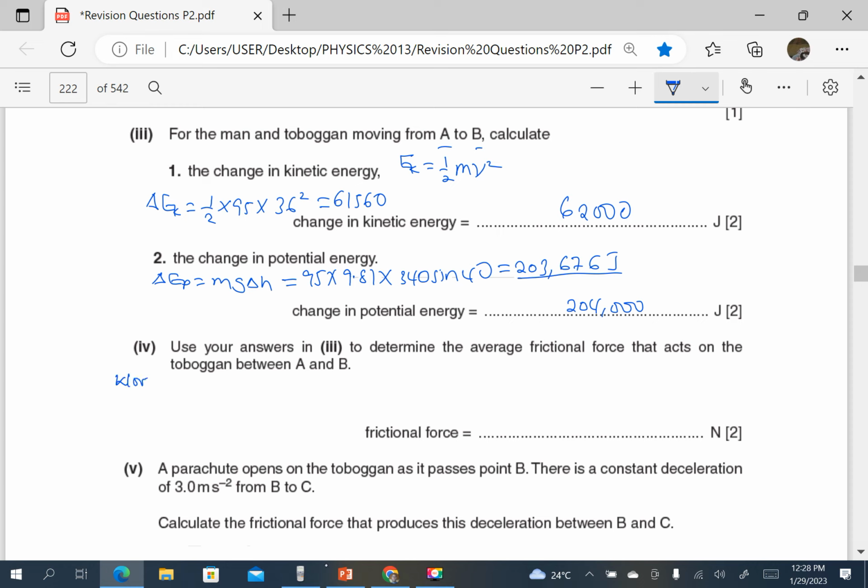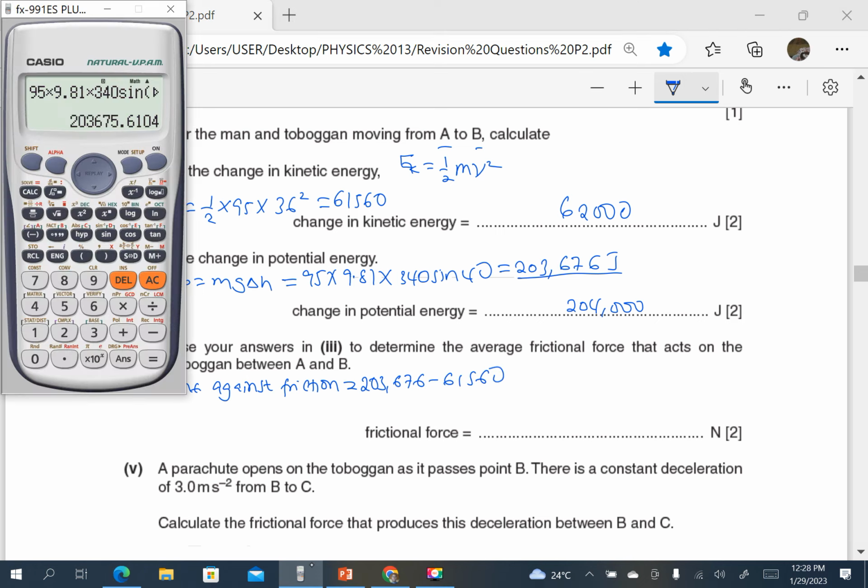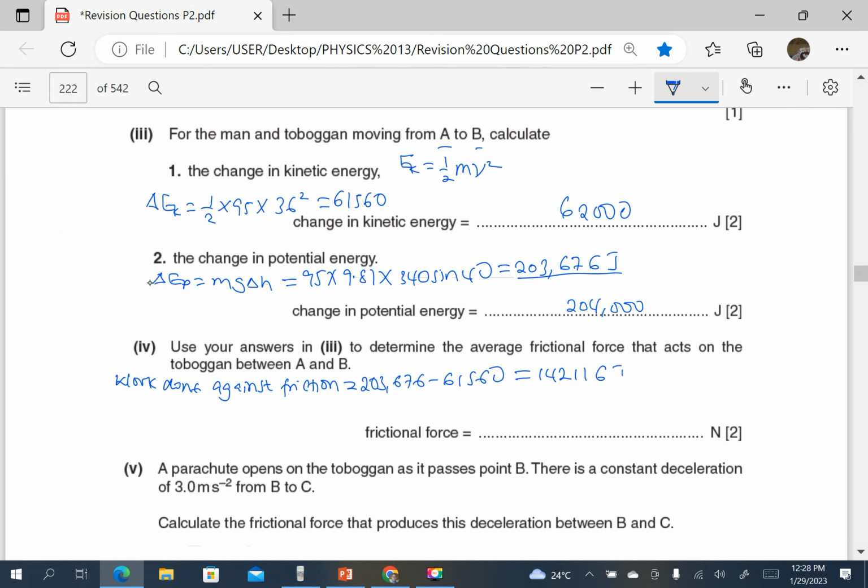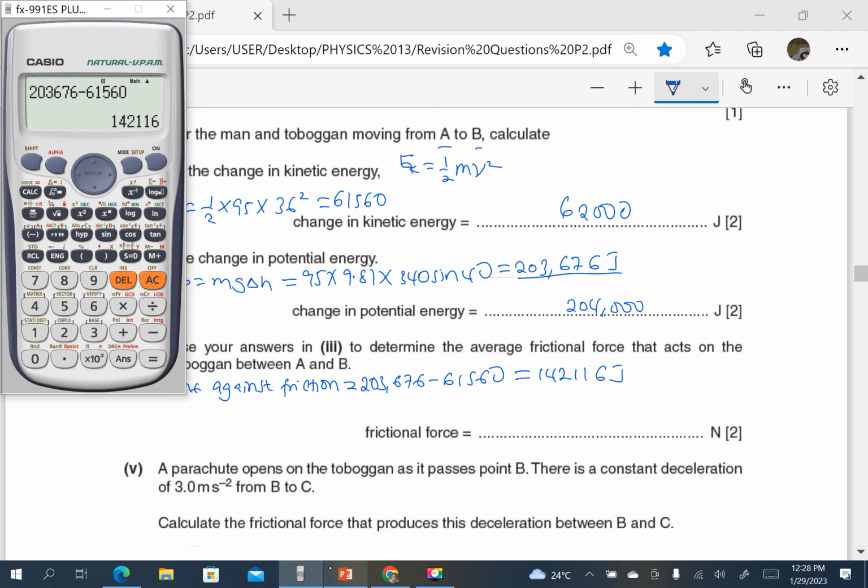So work done against friction must be equal to 203,676 minus the other one, which is 61560. So that is 142,116 joules. That is the work done against friction.